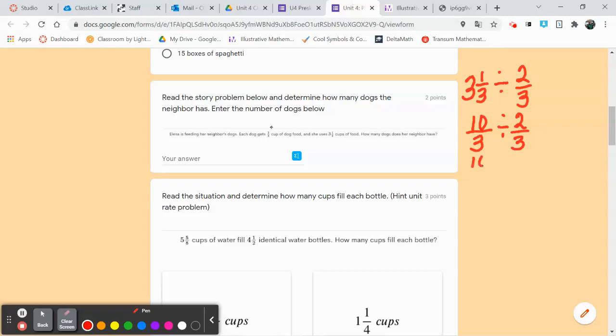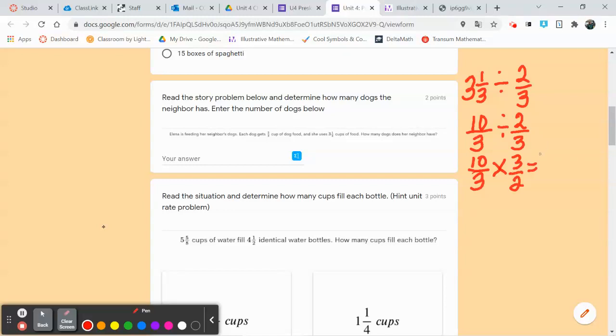So keep, that should be a 3. Let me get myself an eraser. Change to multiplication, which is the same as multiplying by the reciprocal, flip.